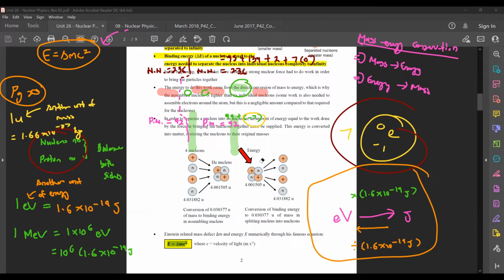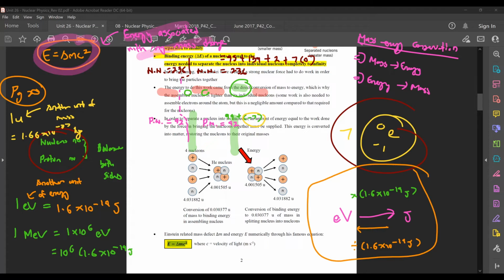Okay, let me just rewrite this. E equals delta mc square is in general used to find energy associated with any mass change.